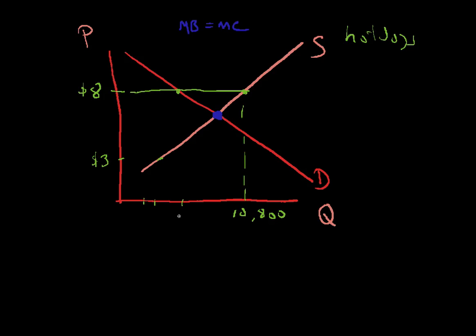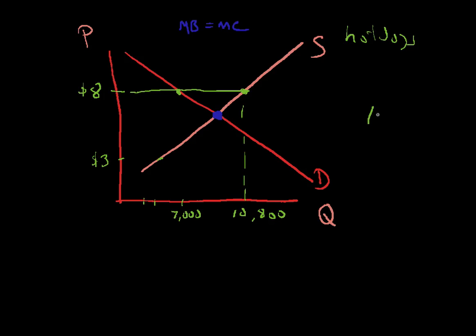At this point, we'll call it 7,000 hot dogs. At this price, the 7,000th hot dog gives me a marginal benefit of $8. $8, however, means suppliers will produce 10,800 hot dogs.